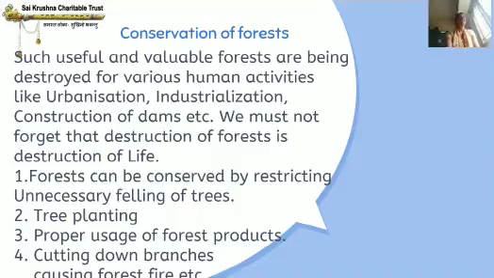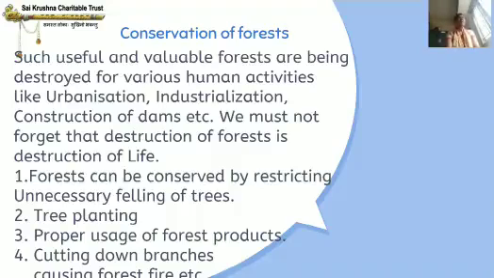Forest can be conserved by restricting unnecessary felling of trees. How can we control it? By restricting unnecessary cutting of trees.